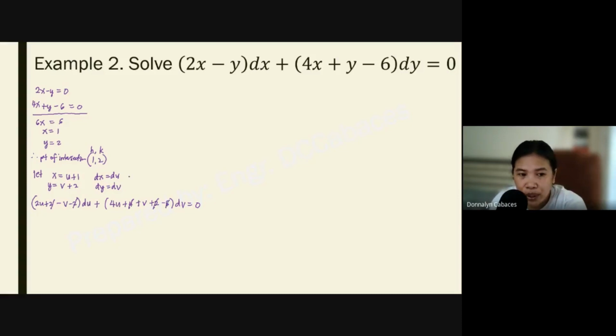That is the main purpose why we introduced this: for us to eliminate or remove the constants of the original C1 and C2 in the equation so that it will become a homogeneous, separable, or linear equation. Okay? So the resulting equation now is (2u minus v) du plus (4u plus v) dv equals 0.